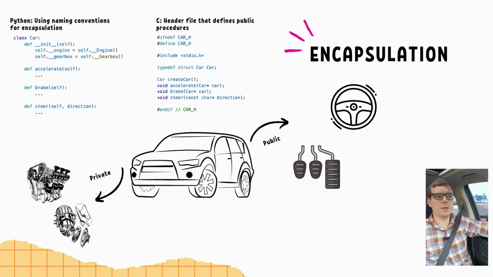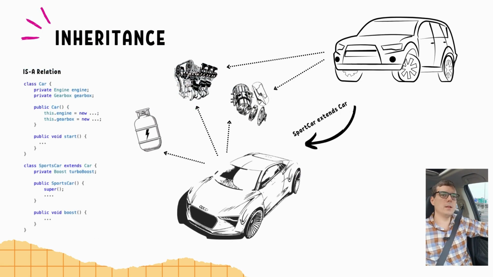The second concept is inheritance. In inheritance, we have an is-a relation. For example, we have a car, and we have a sport car, and a sport car is a car, so it can inherit from a car if we are talking about classes, which is quite straightforward.